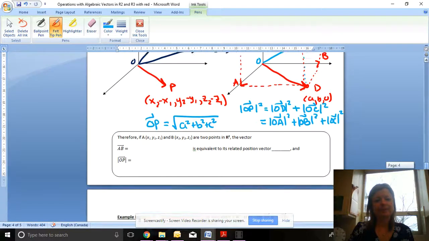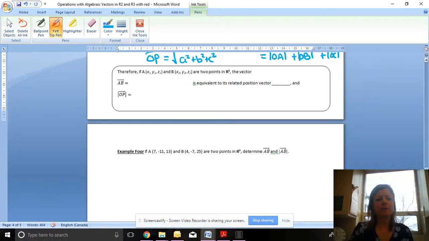Okay, so here's our big summary box. If you have A and B that are 2 points in 3 space, then AB can be written as x2 minus x1, y2 minus y1, z2 minus z1, and it's equivalent to its related position vector, OP.